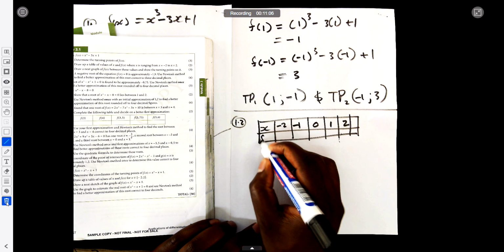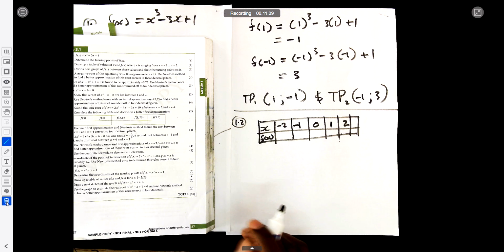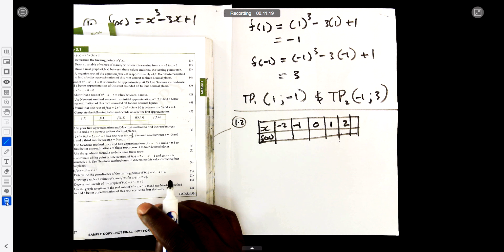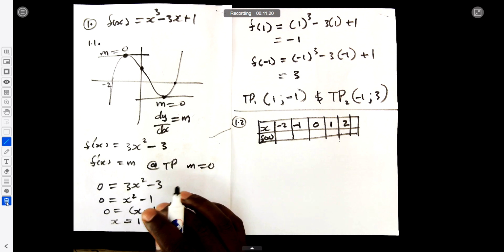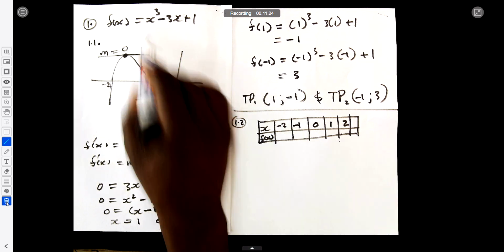So we need to determine what y or f of x is. We can use a calculator, or you can just substitute the values in one by one.